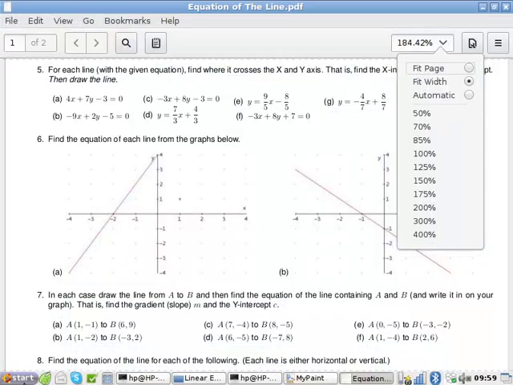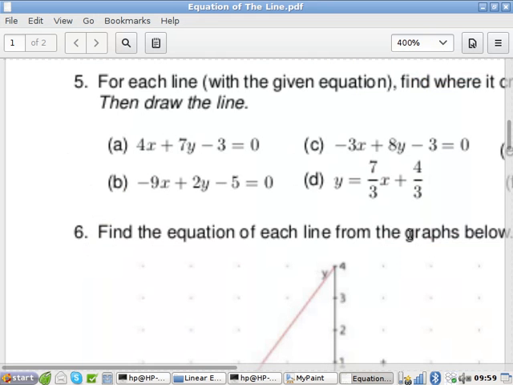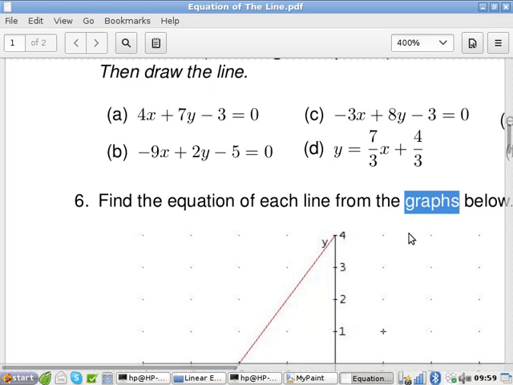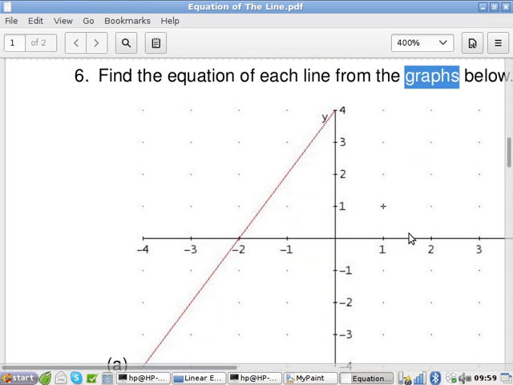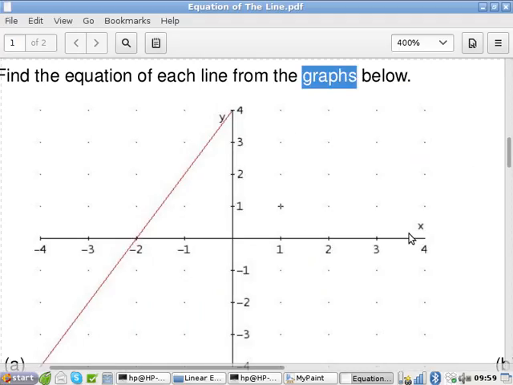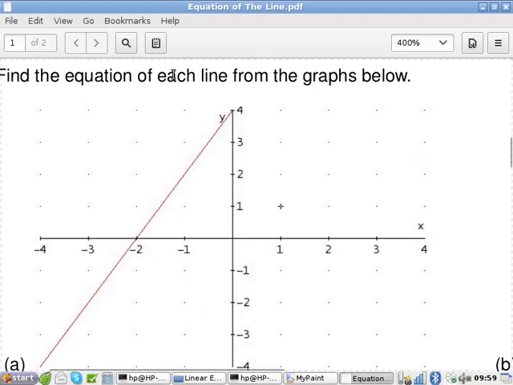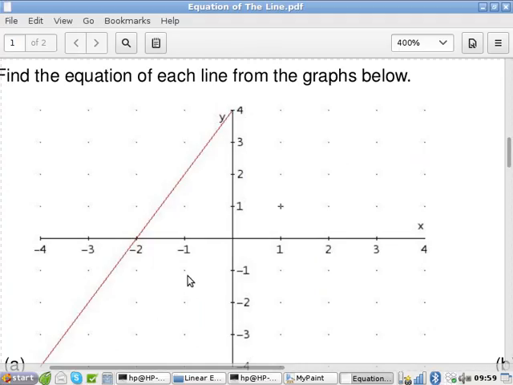Now let me show you a picture here. I want you to try this. Let me zoom in. Okay. So here I don't tell you the points. I want this line, but I don't give you the 2 points on it.